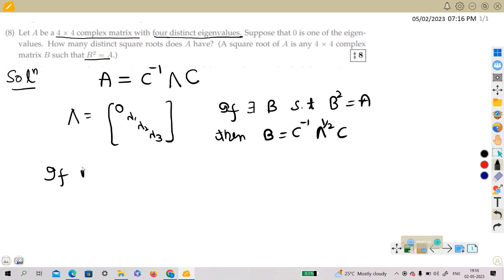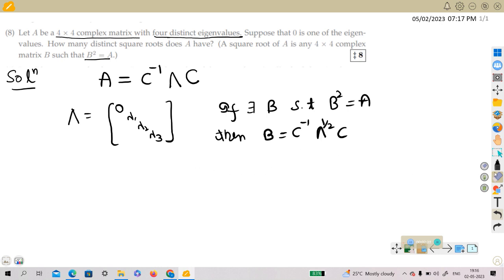Wait, first we define what I mean by the square root of gamma.